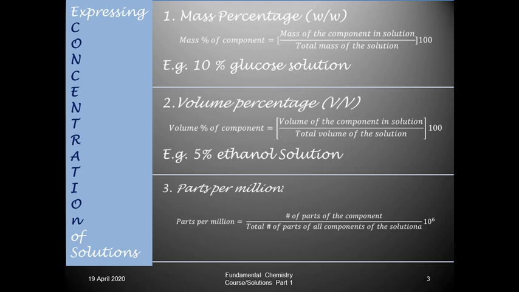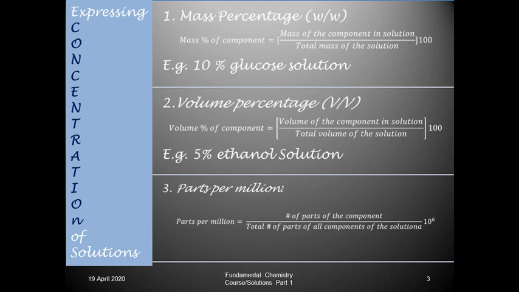So we can alternately say that 100 ml of water is nothing but 100 gram of water. So when water is going to be a solvent, we can consider its volume equivalent to its mass. Numerically it is equal to the mass.